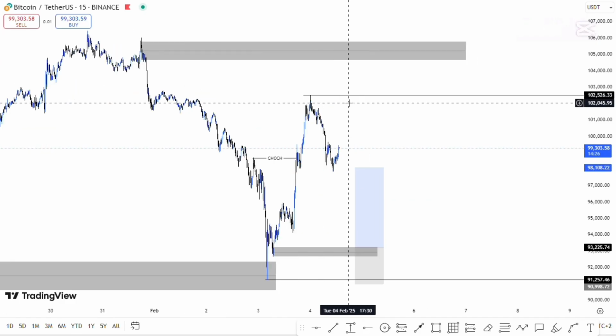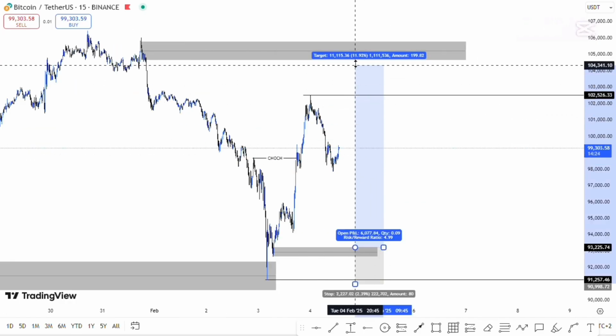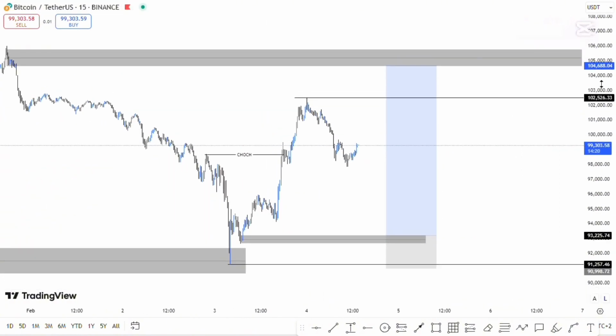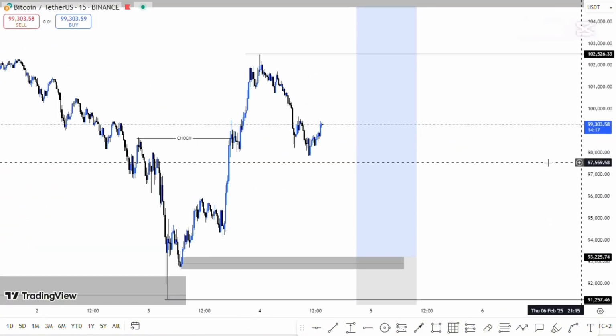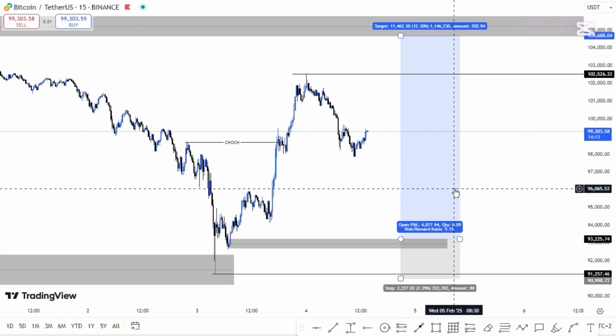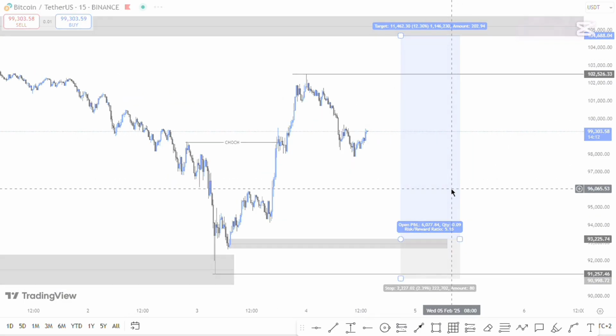We'll take our first take profit at the 15-minute high, and then we'll take the rest as full TP at that high. So this is what we have for BTCUSD.